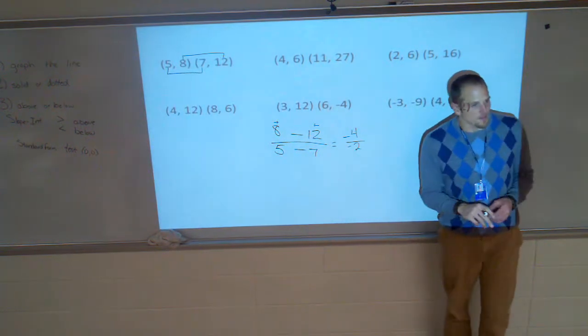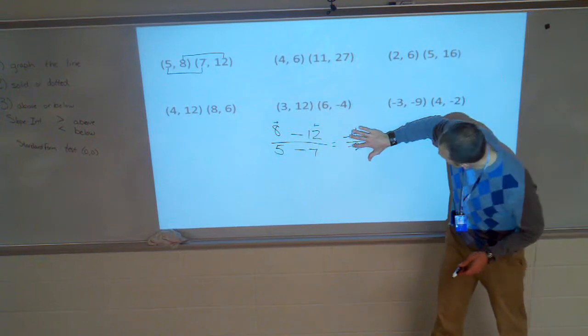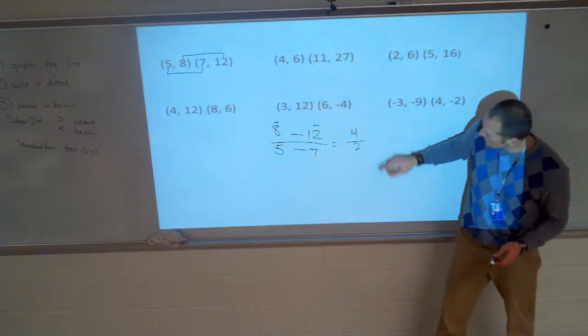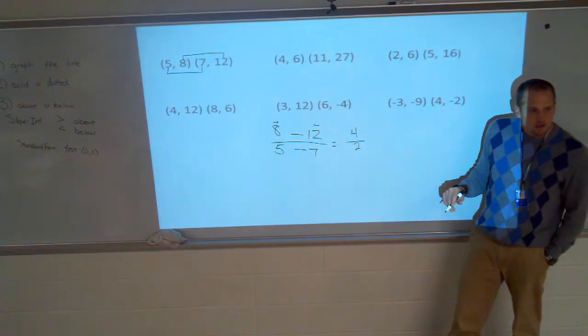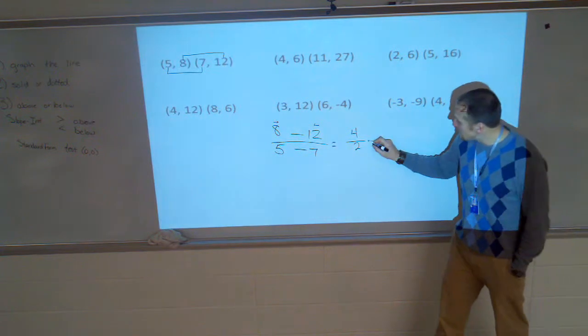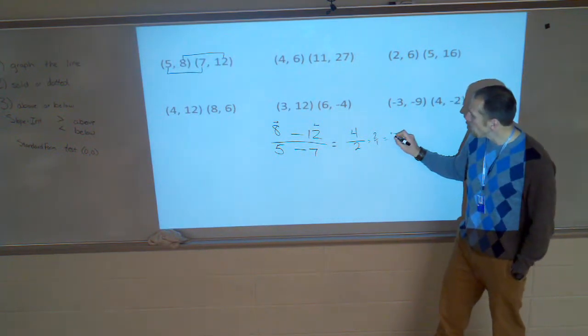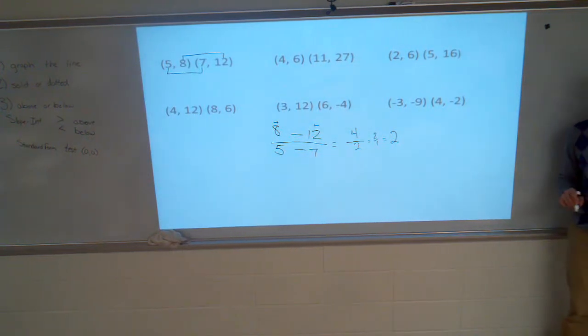All right, let's simplify this. Kenton, a negative over a negative is a positive. And Janelle, 4 over 2 reduces to what? 2 over 1, which is 2. So my answer is just going to be 2.